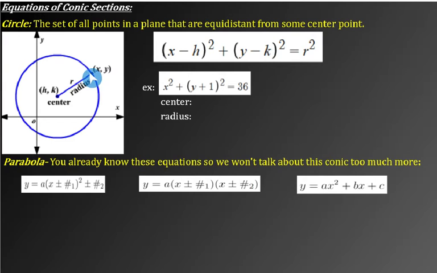So it's a set of all these arbitrary x, y points that are the same distance, the radius, from the center (h, k). You get this by doing just a distance formula. The problem you do, so this right here, x minus h, is this distance.